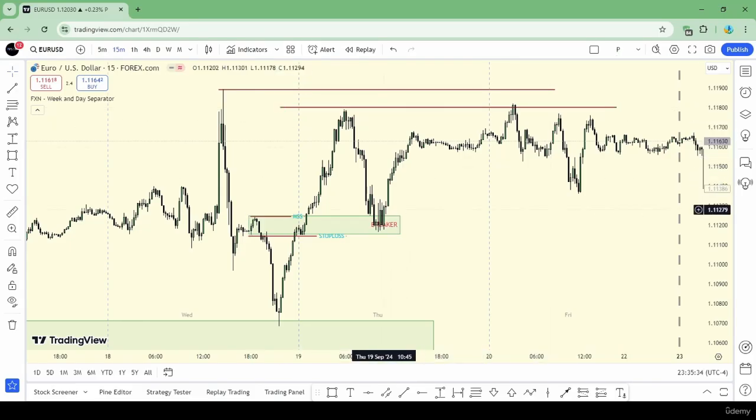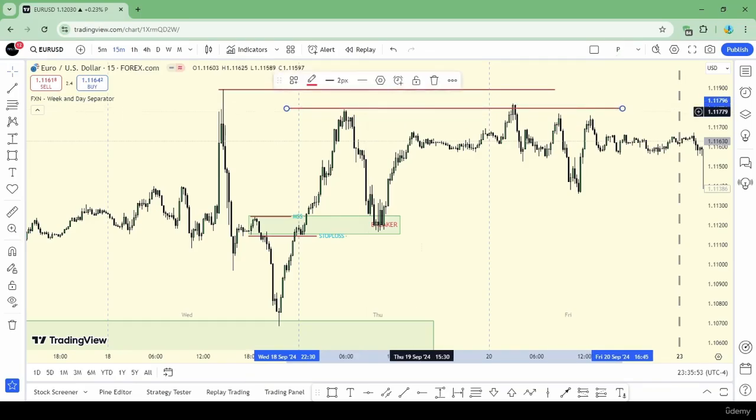What I would have preferred is if the market was running higher, not on Friday, but on this Thursday. If we got a run beyond here, then the market would have come here. But since we open on a new day, this now became a daily high.